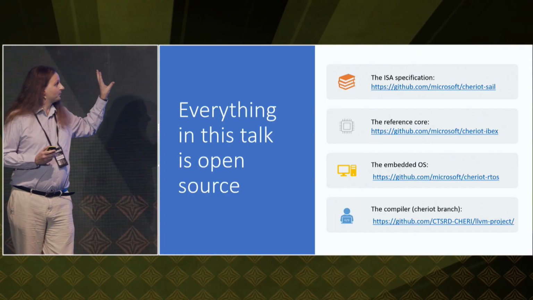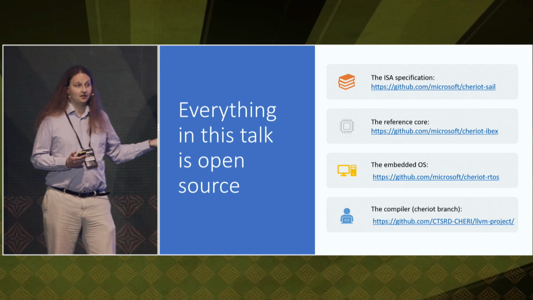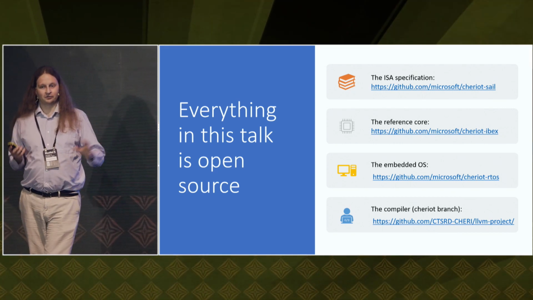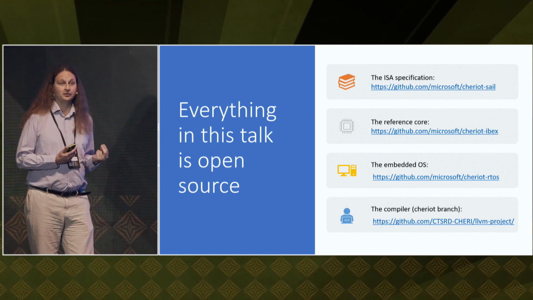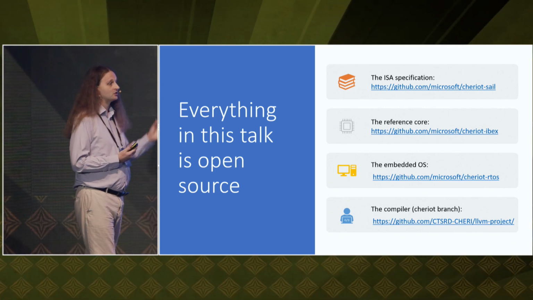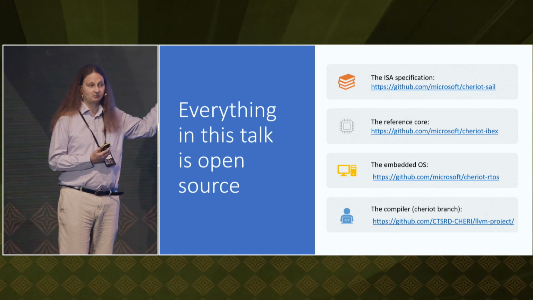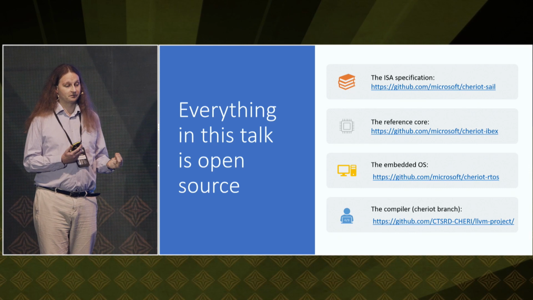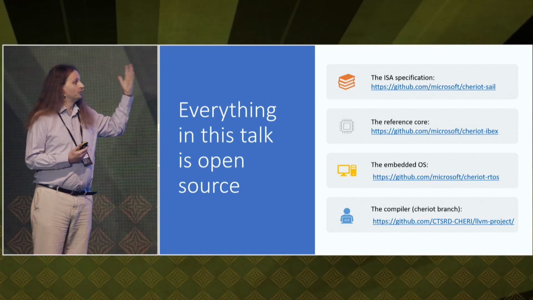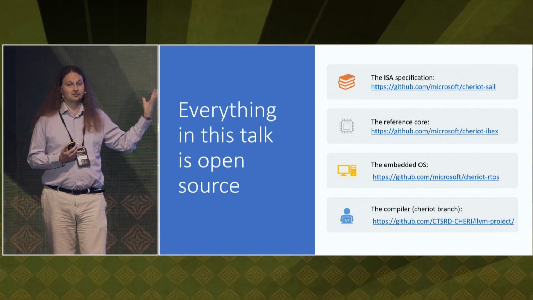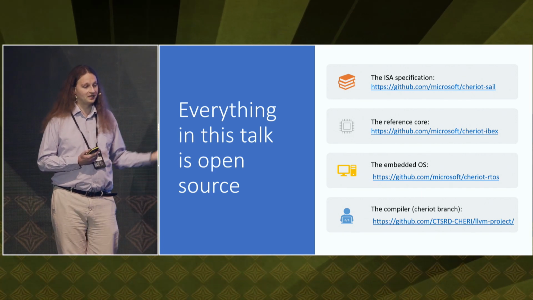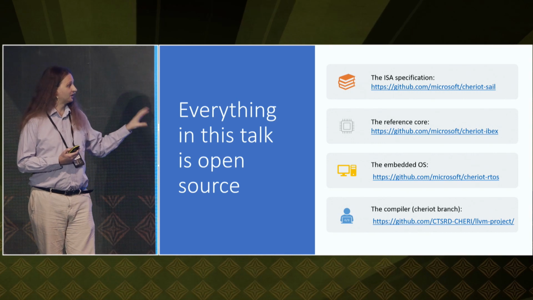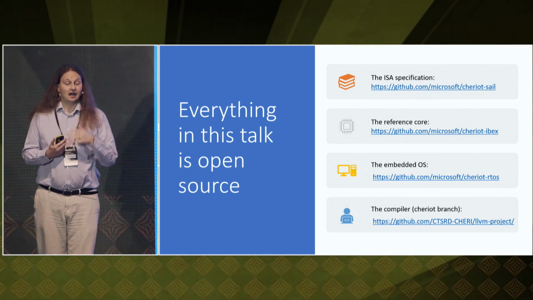So I'm going to talk about a bunch of stuff. None of this is secret Microsoft proprietary. Everything that we're doing in this project is open source, from the ISA, which we're contributing to RISC-V International, that we want to get standardized as a RISC-V extension, through the reference implementation of that on top of the Ibex core from lowRISC, to the clean slate compartmentalized RTOS, which I'm going to be talking about a lot today, and the compiler.